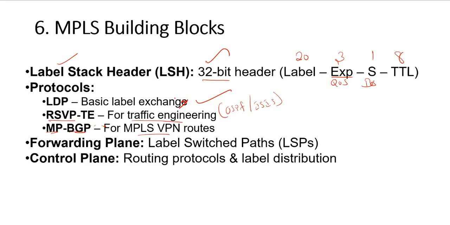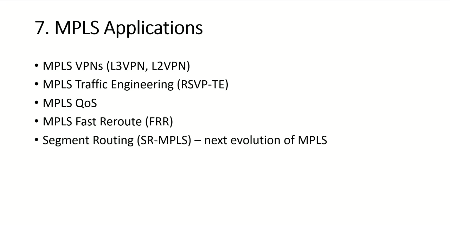And the forwarding plane, which is CEF, along with the label, will be referred to before forwarding the packet. So the forwarding plane is actually the data plane. First the control plane and then the data plane. All these are label based. Oh, this is again a known story for you.